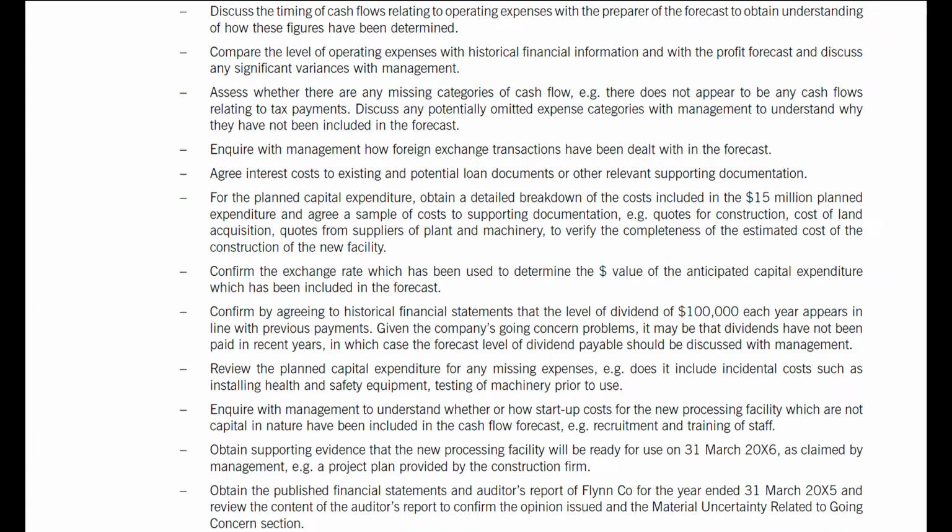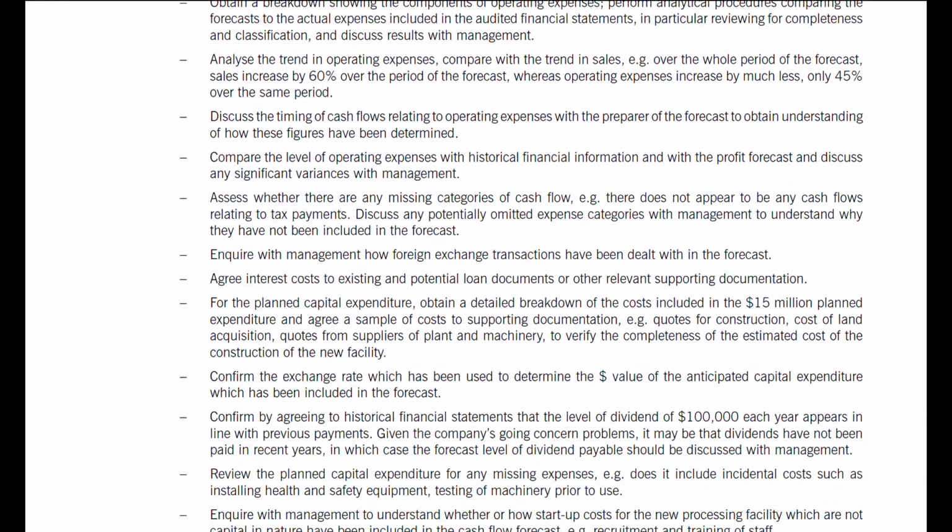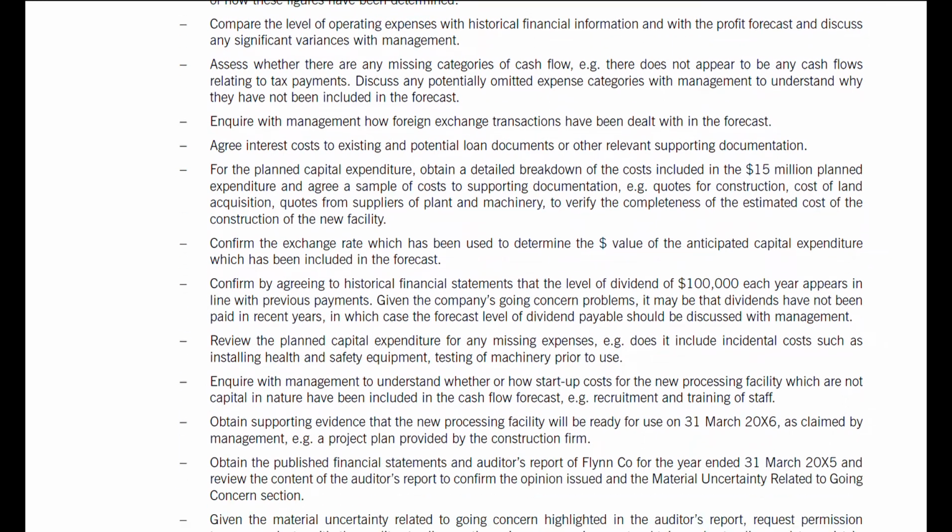Agree interest costs to existing and potential loan documents or other relevant supporting documentation for the planned capital expenditure.